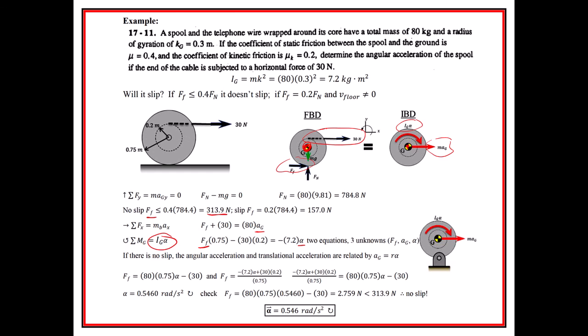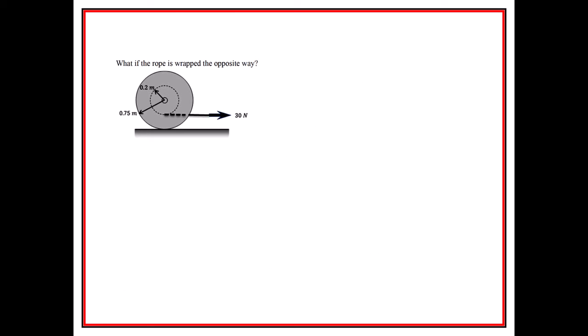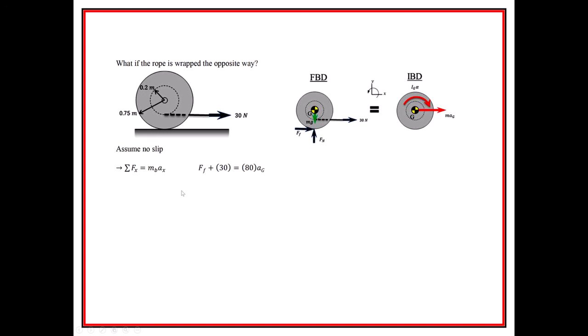And then we go to this what-if scenario: what if the rope was wrapped in the opposite way? We would take all the same things, except that now there's going to be a different moment, and we also assume no slip. In the x direction, we get that same relationship. Now we have to be careful here, because the sign changes. That's really the big difference.